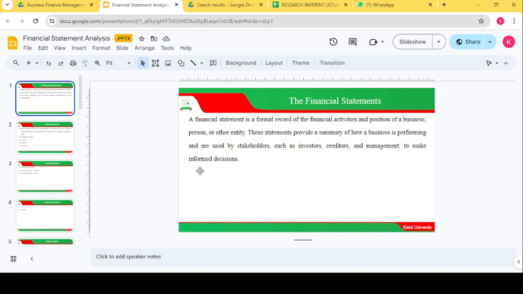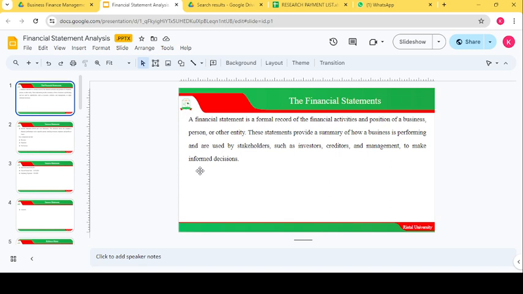So a financial statement is a formal record of the financial activities and position of a business, person, or other entity. These statements provide a summary of how the business is performing, and they are also used by stakeholders.